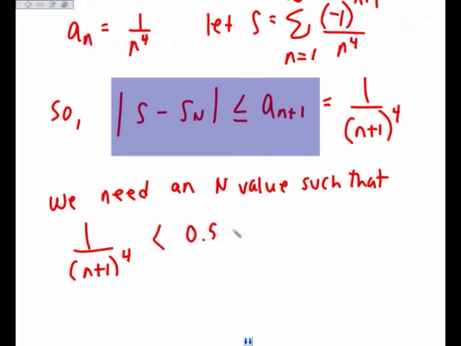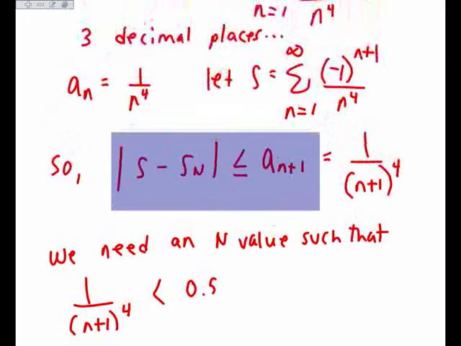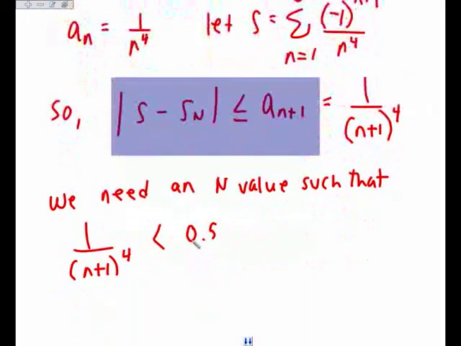So 0.5 times 10 to the negative 3. Okay? That's what we're going to try to do here. And if you wanted to, you could write that as 0.0005.